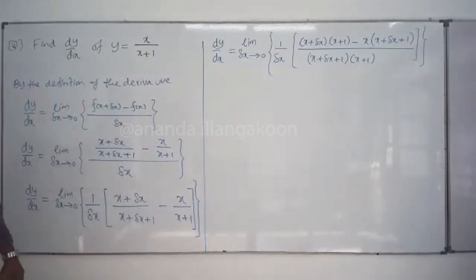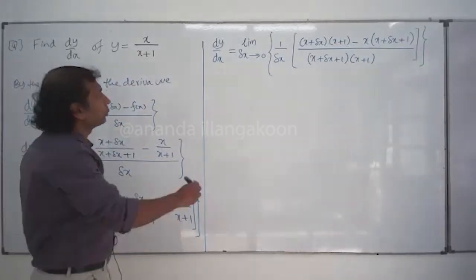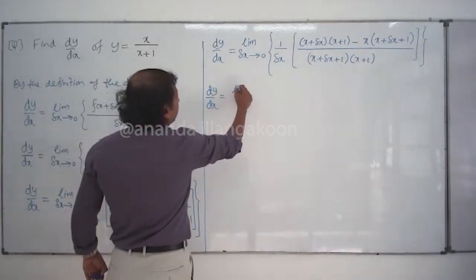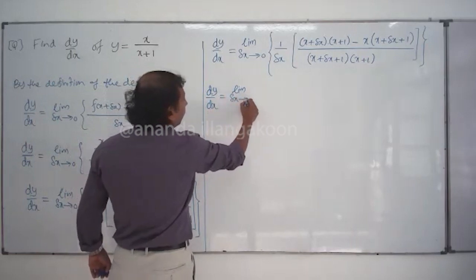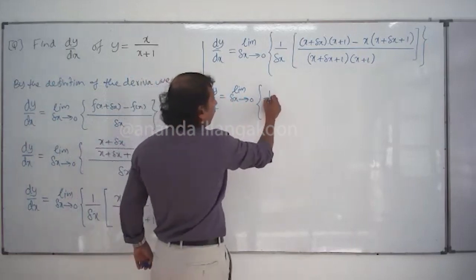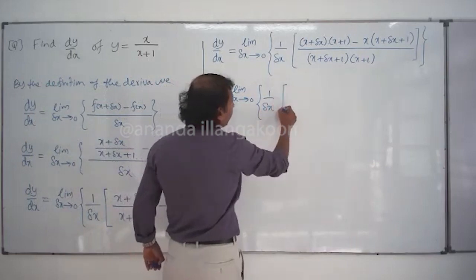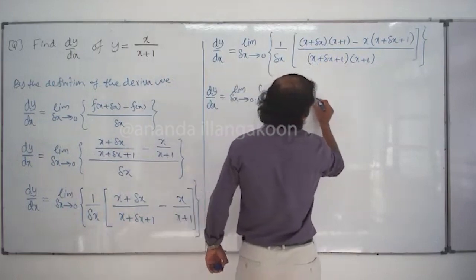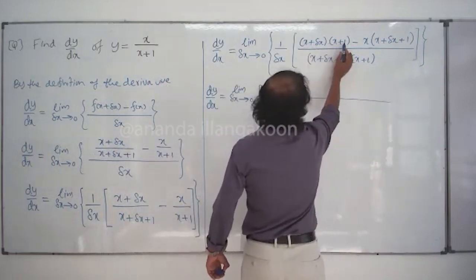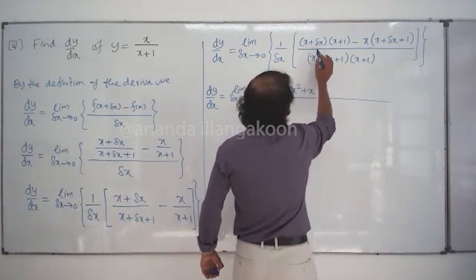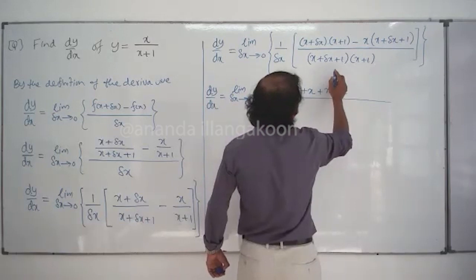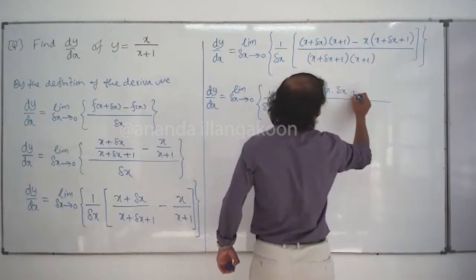Now remove the brackets. dy by dx equals limit delta x going to 0, 1 upon delta x, and in this one: x and x squared, x and 1 x, delta x and x into delta x and 1 delta x, right?